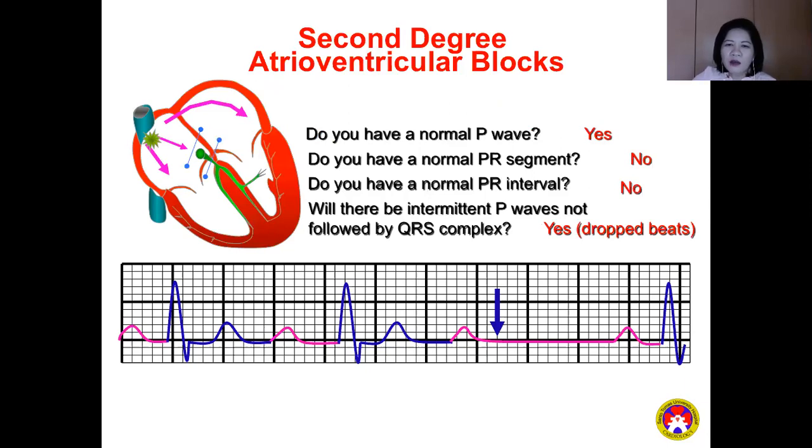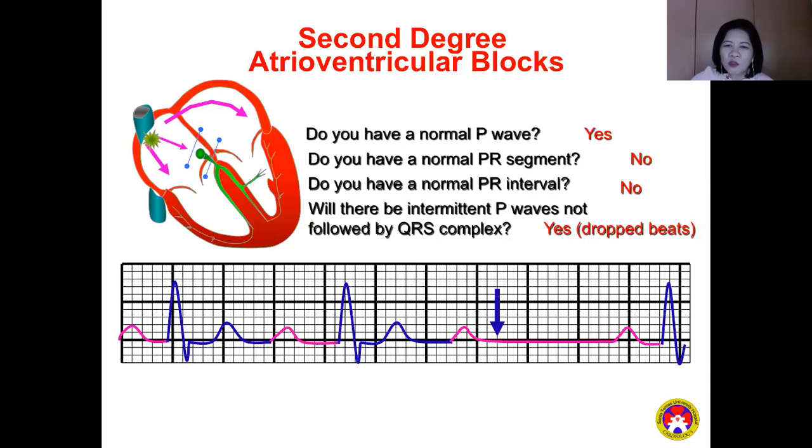In second degree AV block, what you will immediately see is that there is a gap between the R to the next R. But within the gap, you see a P without a QRS complex. So if you see a P without a QRS complex, you know that you have a second degree AV block.